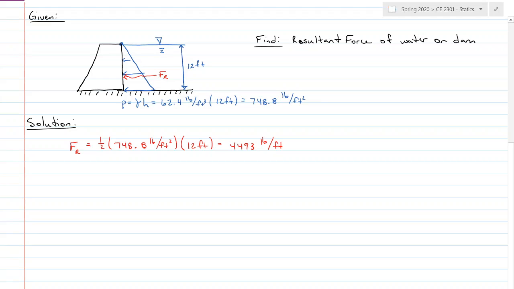So as the dam is longer into the page, that resultant force is going to increase. So this is kind of like a resultant distributed load.